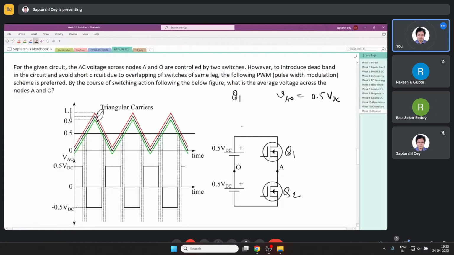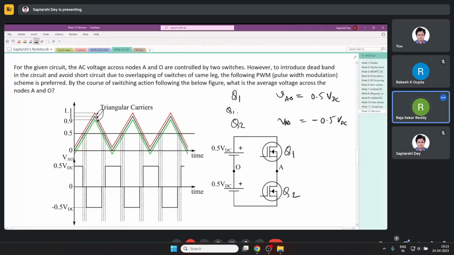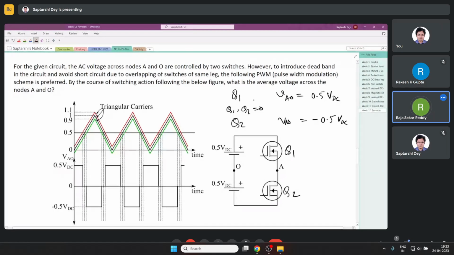And when Q2 is closed, you have minus 0.5 VDC. And when both are open, then you have 0.